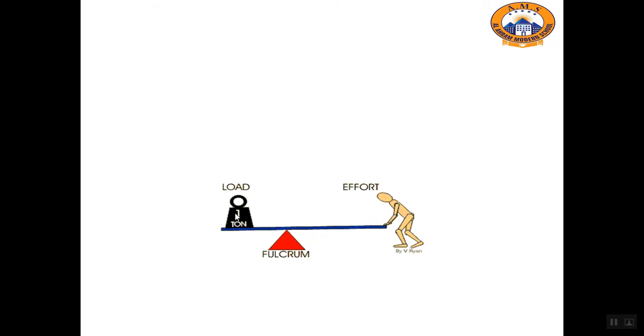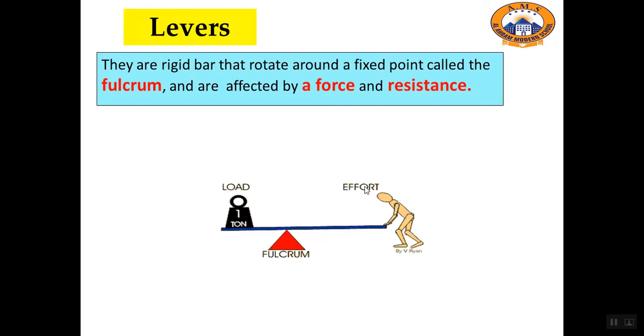First, the resistance, or the weight, or the object that we need to move, and the effort, which is the force exerted by the person. So again, what are levers? Levers are rigid bars that rotate around a fixed point called the fulcrum and are affected by effort force and resistance force.